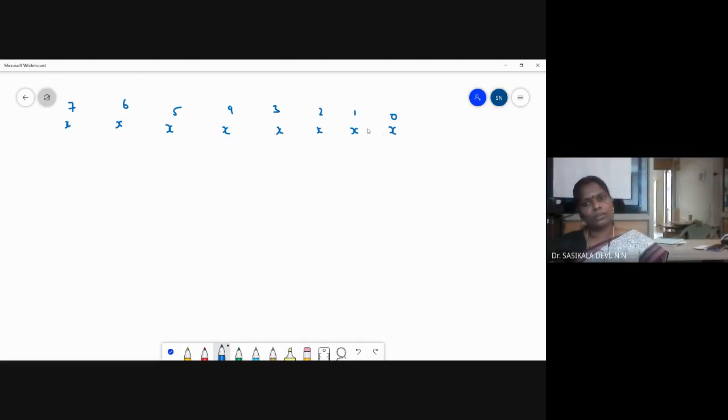These polynomials are over GF of 2 power 8, so the coefficients are either 0 or 1.